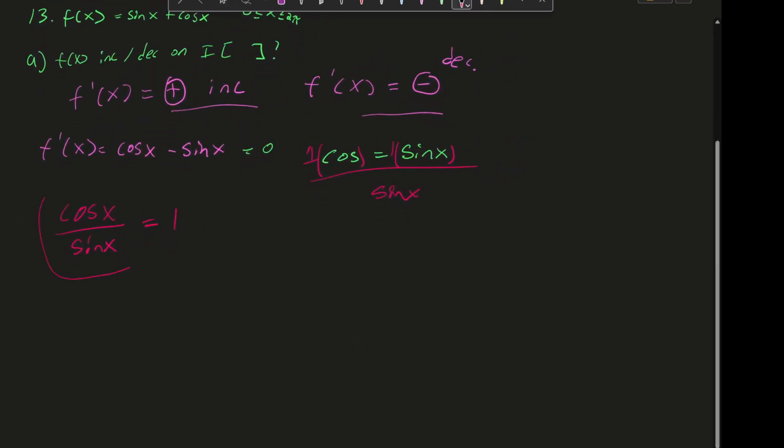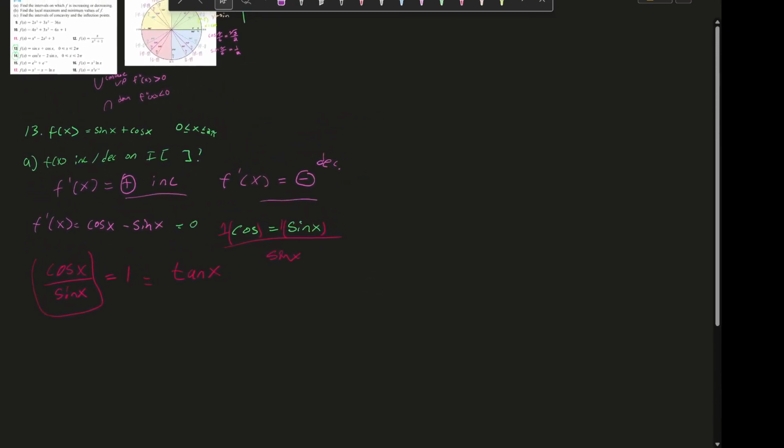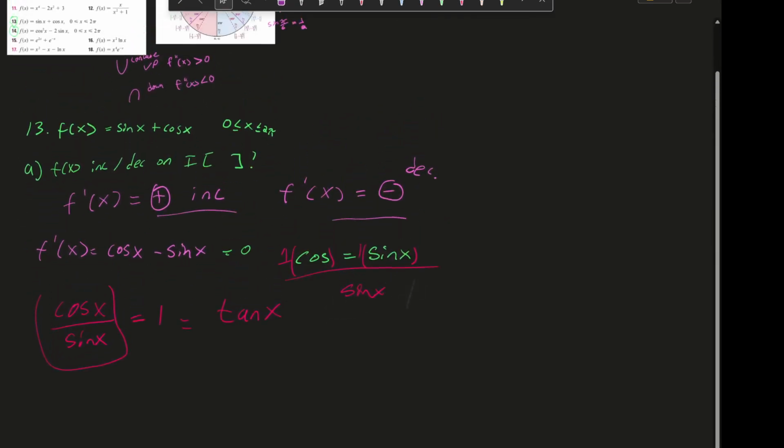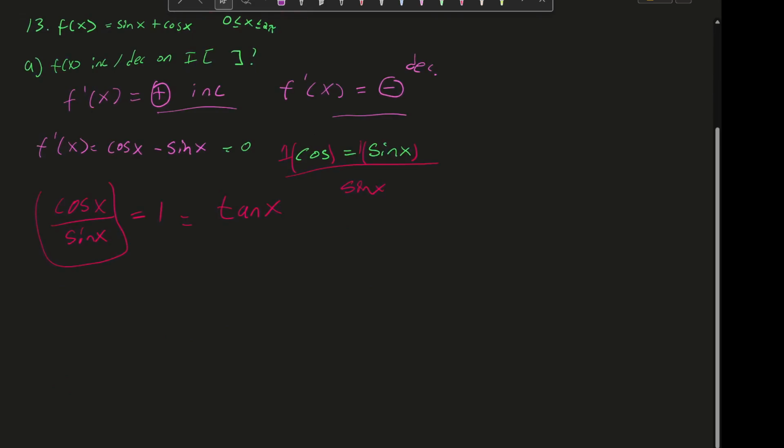And then cosine x over sine x is equal to tangent x. So tangent x is equal to 1. One way to solve this is to take the tangent inverse of both sides.